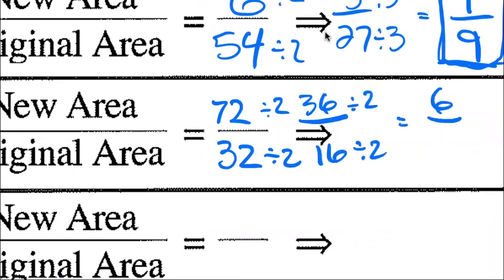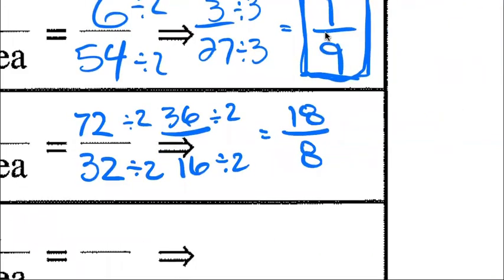That gives me... no, it's not 6, sorry. 36 divided by 2 is not 6, it's 18. And then that divides by 2 to give me 9/4. I'm going to write that outside the line there.